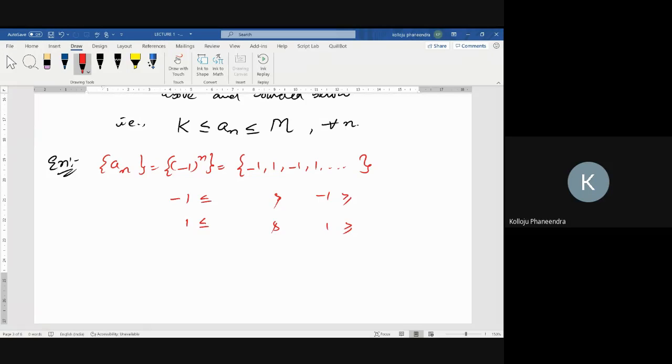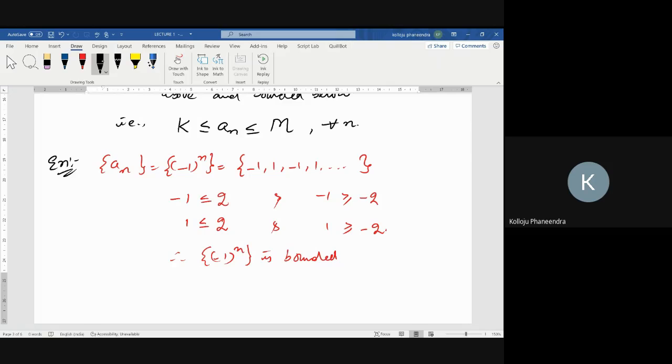Is it possible? Yes. You can take some value 2, here also 2, and this one -2. Therefore, the sequence is a bounded sequence, both bounded above and bounded below.